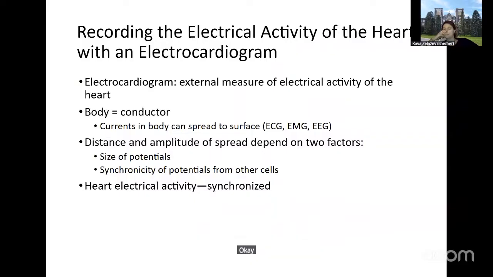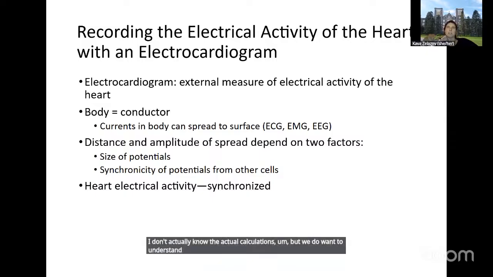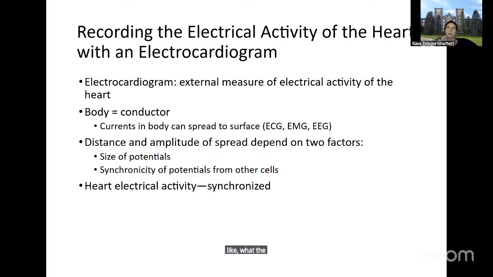Okay. So the math that you would do, we will not be going through any actual calculations here. I don't actually know the actual calculations, but we do want to understand what the basis of this is, right? So one of the things that we are going to keep in mind when we're using these electrodes to record is that how far these things spread, the distance they spread, and the amplitude, so how big these spikes are, is going to depend on the size of the potentials that are actually happening in the heart, right?